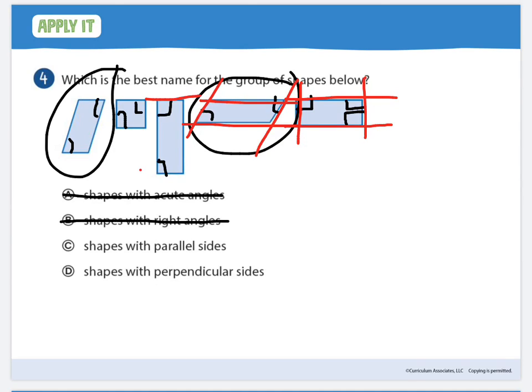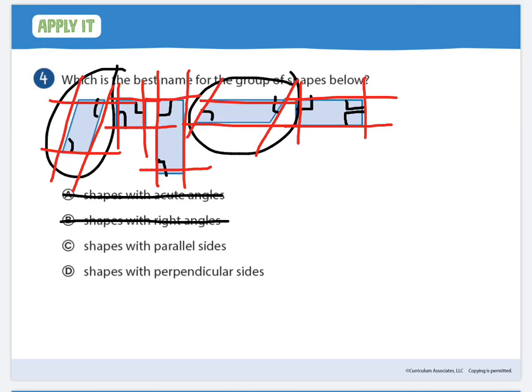This shape also has parallel sides. There's the first pair, and this is the second pair. The square also has parallel sides. There's the first pair. Here's the second. And this also has parallel sides, 2 pairs.